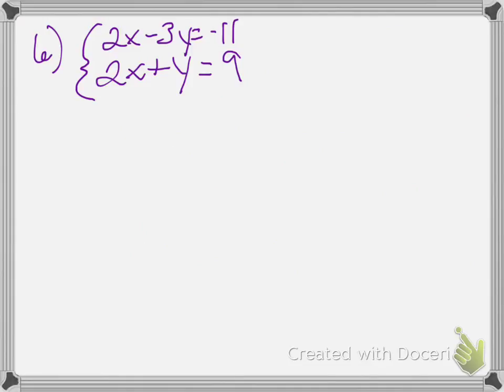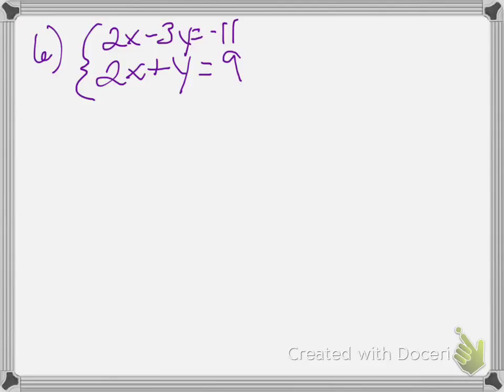Okay, on number 6, we have this system of equations. And we now do not have one that has already been solved for either x or y. So it's our job to do that. Now, what would be the easiest part of either of those equations to solve for?